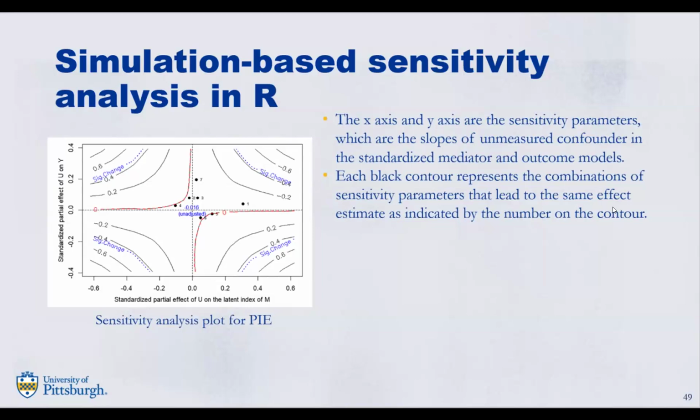Here I want to say more about the second bullet point. Each black contour represents the combinations of sensitivity parameters that lead to the same effect estimate as indicated by the number on the contour. So let's just focus on this one single contour.